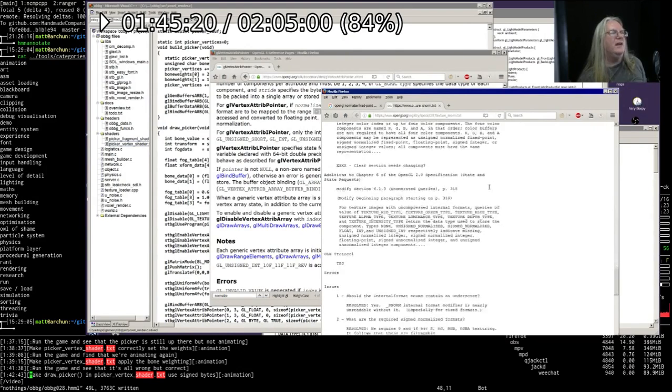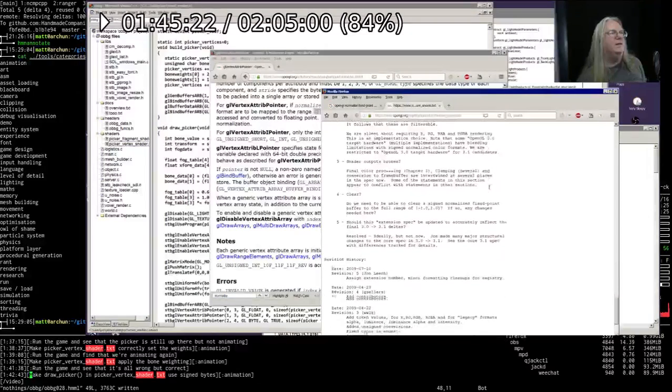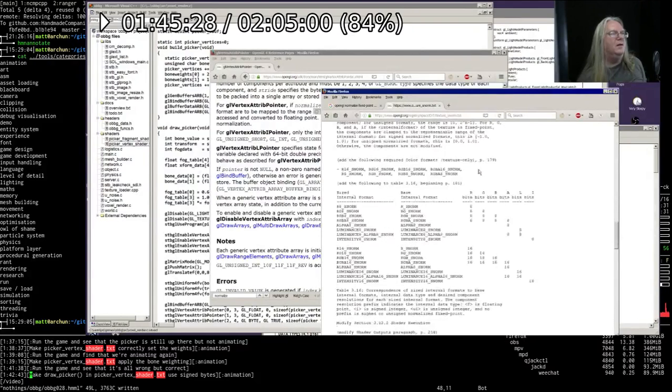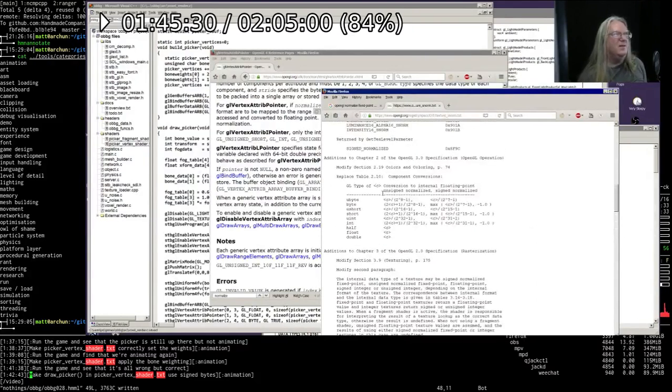I wish they wrote that out in some other clearer way, so I didn't have to try to decode this notation. Oh, I see. Okay, that's unsigned. This is sign normalize of a byte. Okay, so it's just this value. 2 to the 7, that's 127. So you divide by 127 and you clamp. Okay, so 127 and to negative 127. I got it.